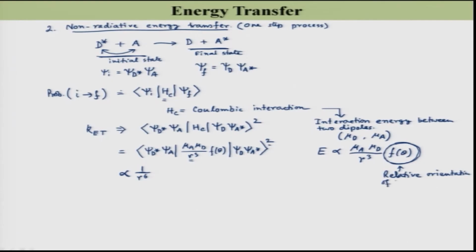of the two dipoles, right. Now, if I write the complete expression, it will look something like this: κ squared by τ_D r to the power 6, Φ_D, and then there is some constant which I am not writing here, and then the integration from 0 to infinity of F_D(ν̄) ε_A(ν̄) dν̄.